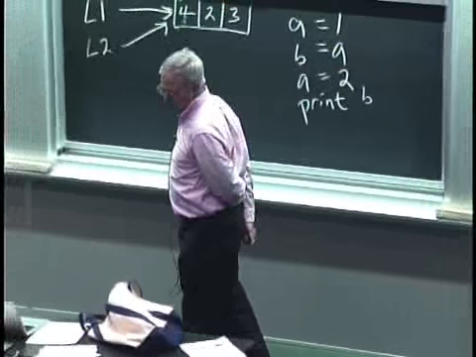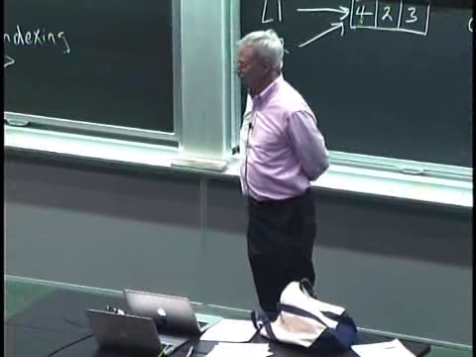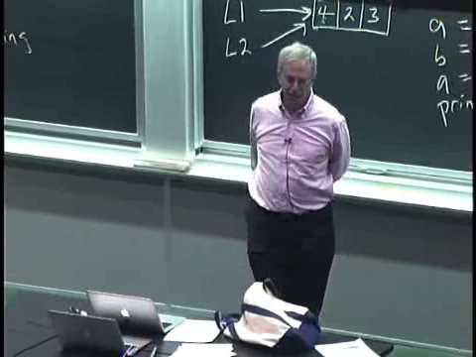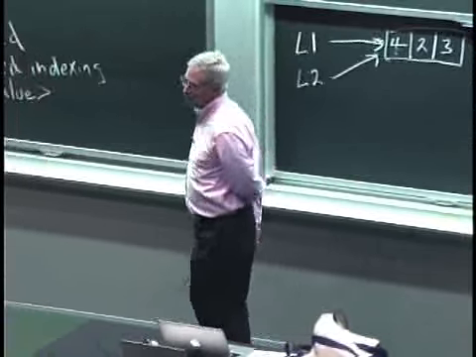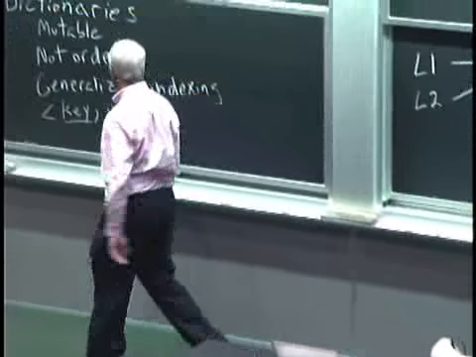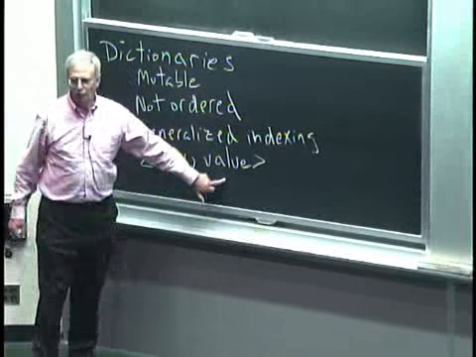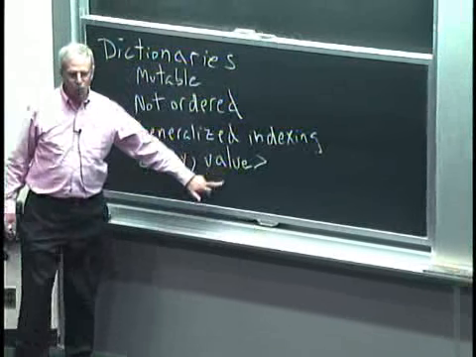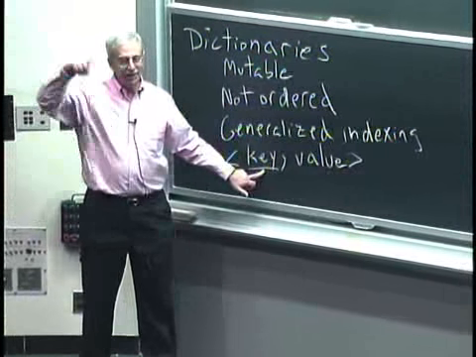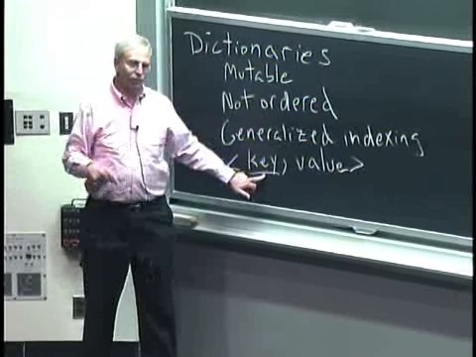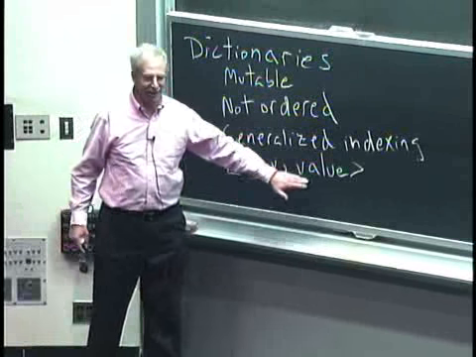Now, you might wonder, why do we have dictionaries? It would be pretty easy to implement them with lists, because you could have a list where each element of the list was a key-value pair. And if I wanted to find the value corresponding to a key, I could say for E in the list, if the first element of E is the key, then I get the value.